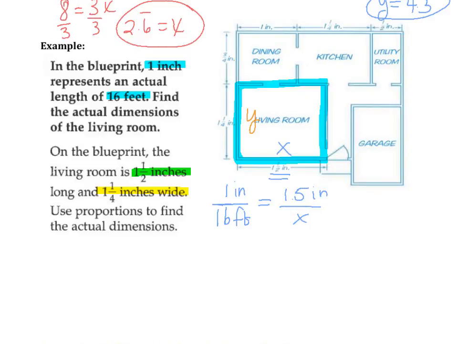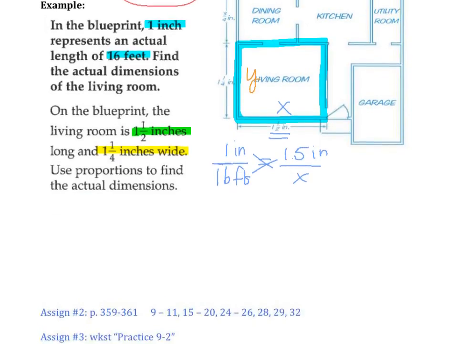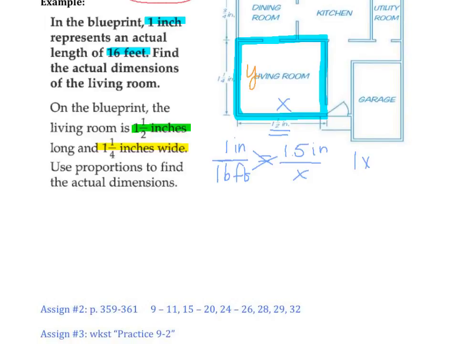I'll go ahead and set up those proportions here. So 1x is going to be equal to 16 times 1.5. So x is equal to 24 feet here.